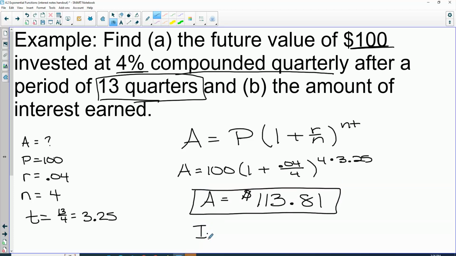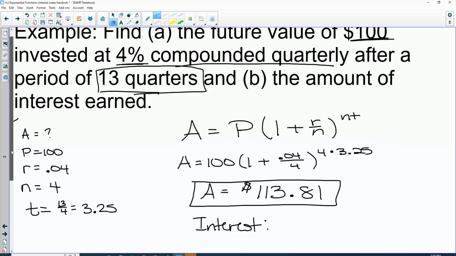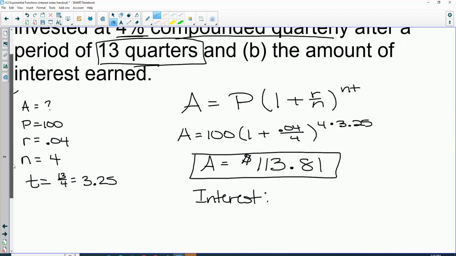The other thing I asked was how much interest has been earned. How would you find your interest? We started with $100, we ended with this, so it's just your ending amount minus your beginning amount.